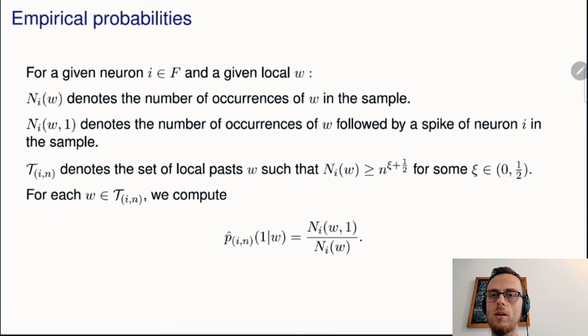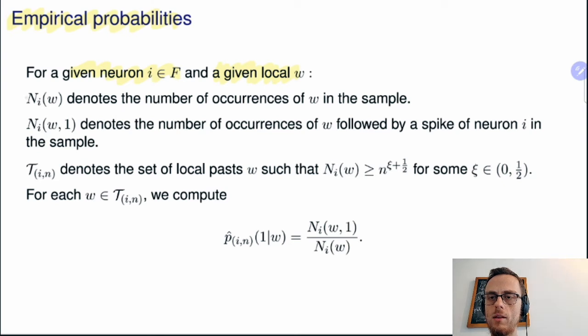Given the sample, we can now define what we call empirical probabilities. Recall that we have a given neuron i, which is fixed, and then for each given local past, I want to define the empirical probability of observing a spike given this local past. This is done as follows.